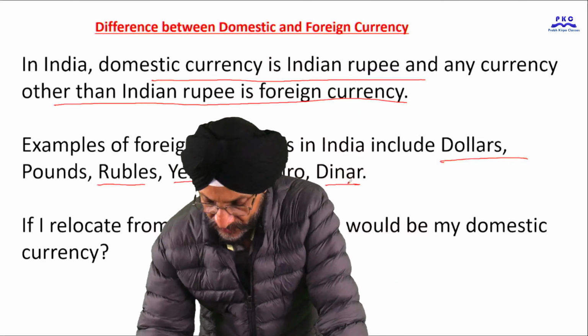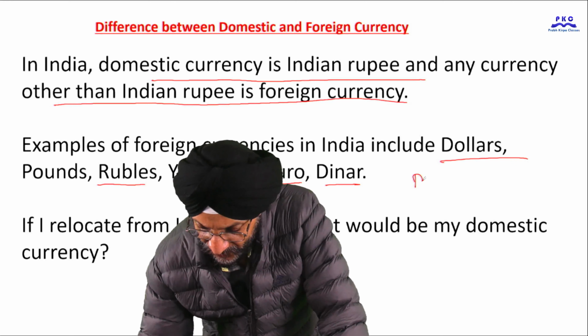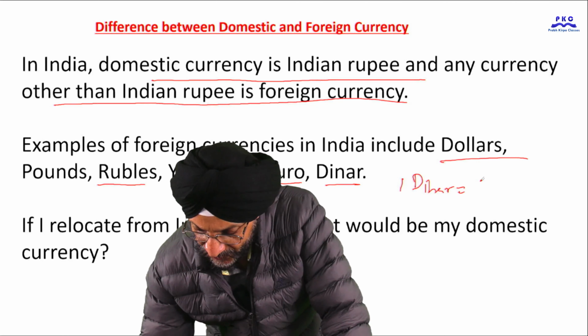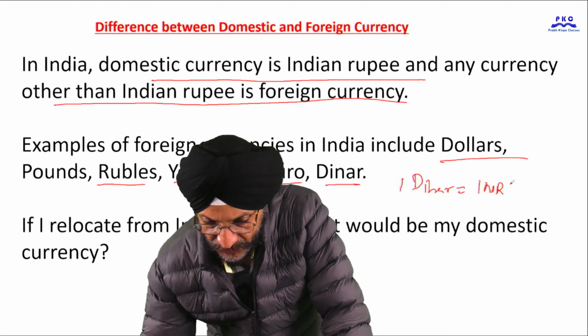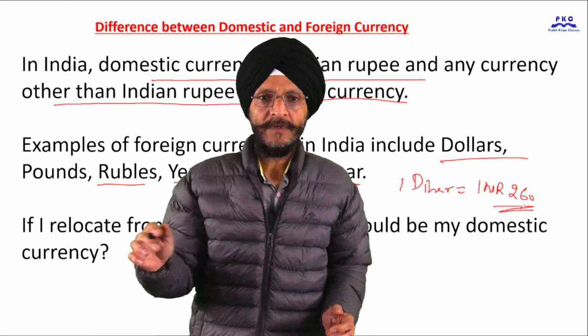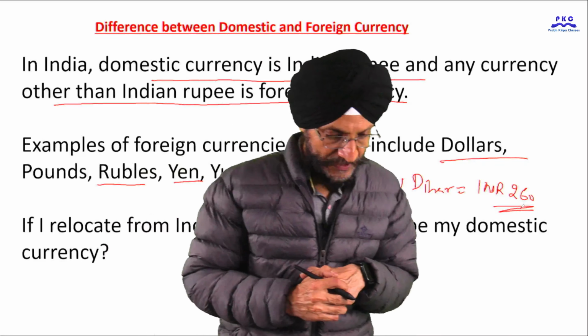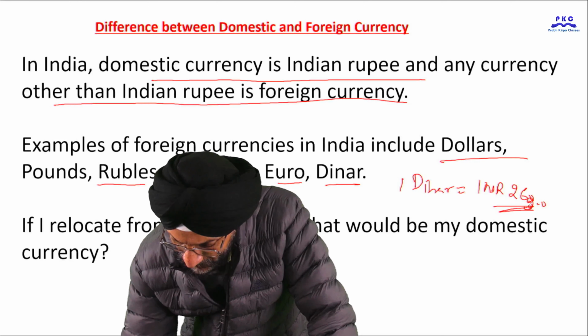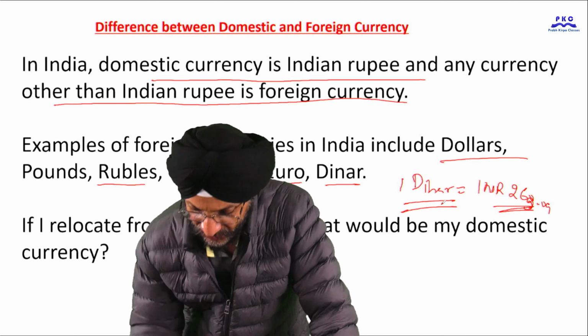One Kuwaiti dinar is equal to approximately 269.09 rupees. This is the Kuwaiti dinar.